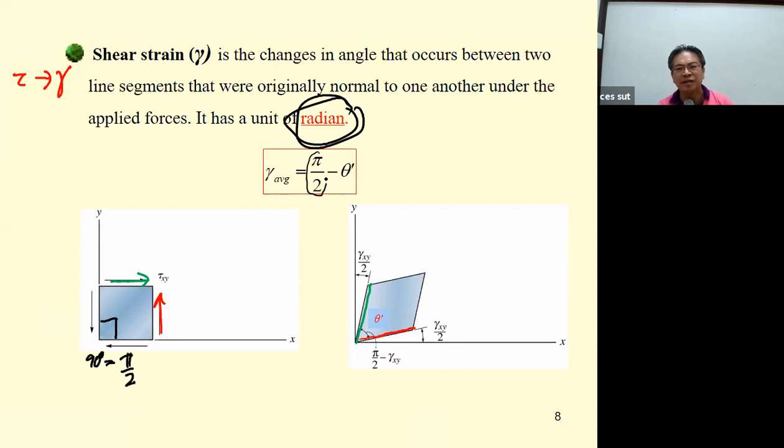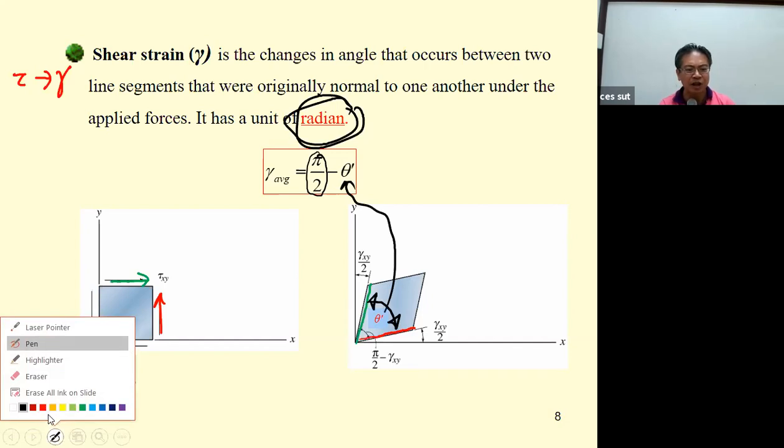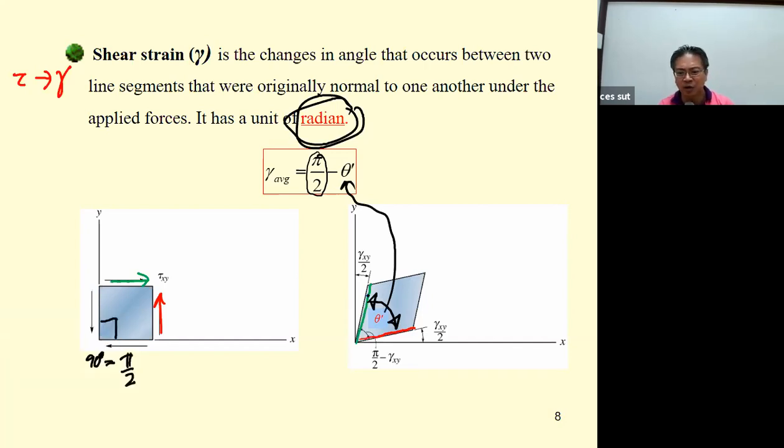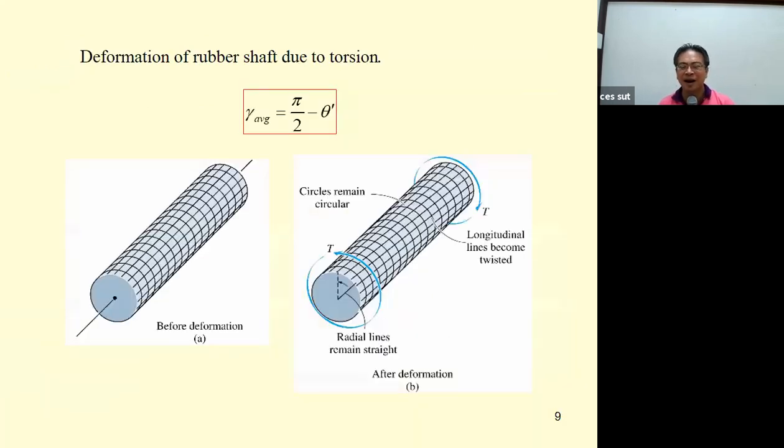So it is the change from the perpendicular angle, minus the internal angle. That means the average shear strain is going to be the combination of the angle here and the angle here.